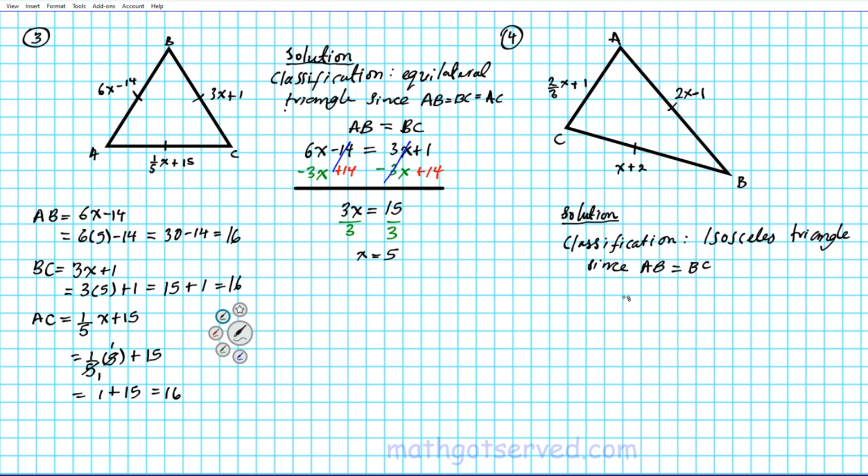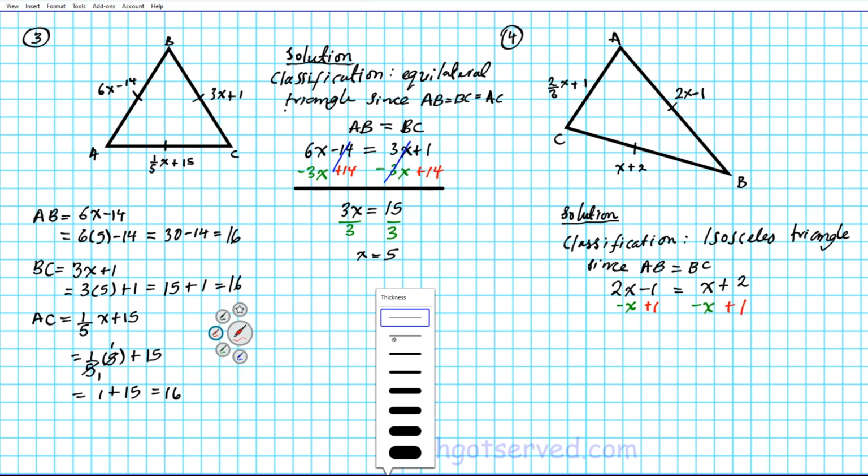Now let's go ahead and solve for x by using this equation, AB is equal to BC, to set up an equation: 2x minus 1 for AB, which is equal to BC, x plus 2. Let's go ahead and get x by itself. What we're going to do is subtract x from both sides to move the x on the left to the right, and then add 1 to both sides to move the 1 from the left to the right.